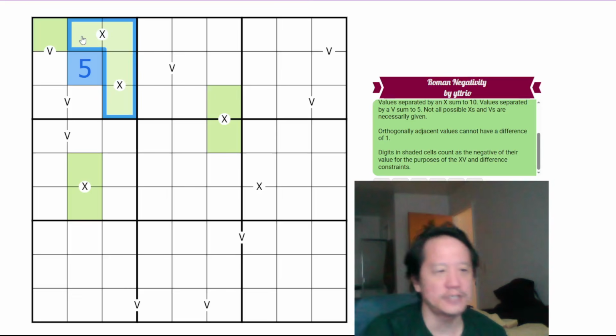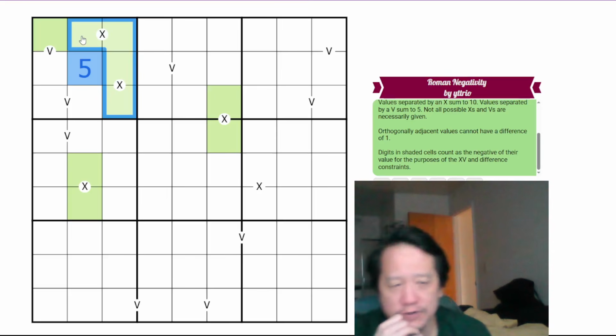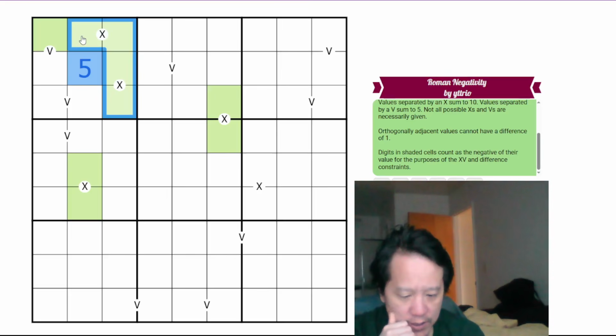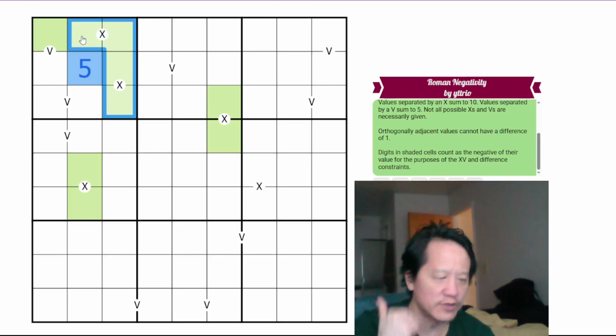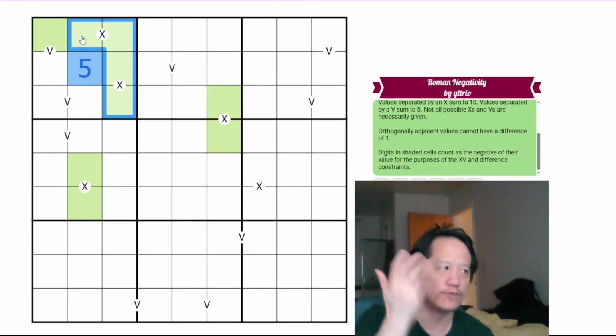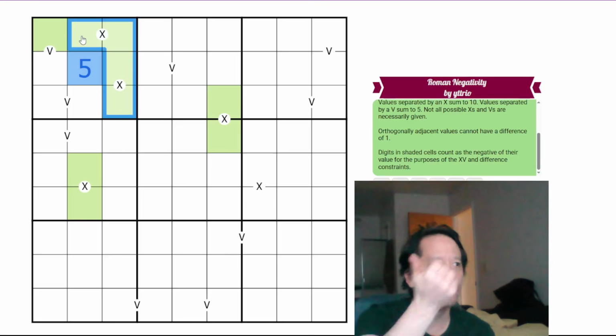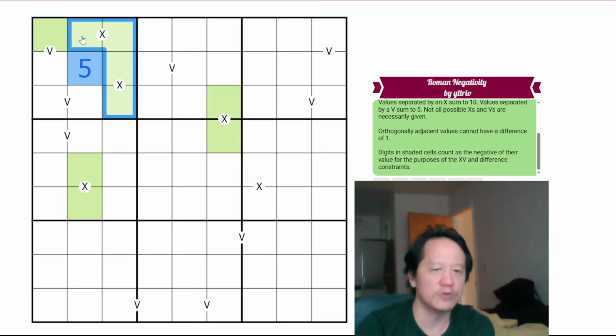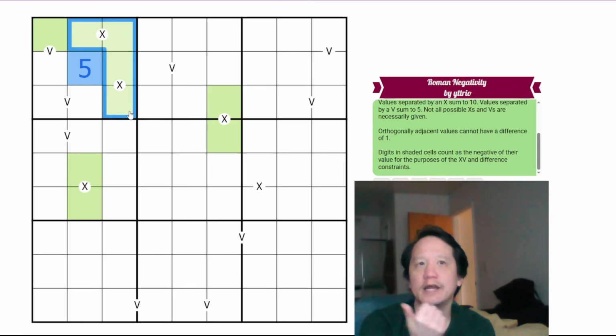So it's either 6, 1, 7, 2, 8, 3, or 9, 4, to have the others add up to 10. So the 10s are either 1, 9, 2, 8, 3, 7, and 4, 6. 6 and 1 means that you cannot have 1 and 9 or 4 and 6 adding up to 10.